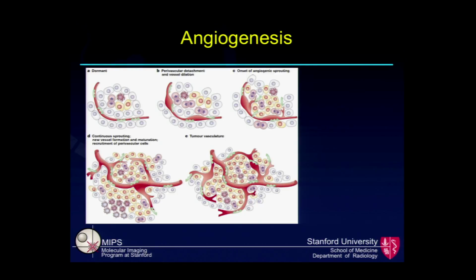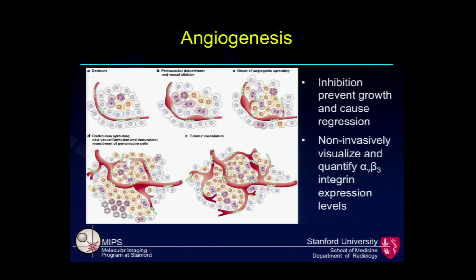So same exact idea: on one hand, it would be good to image that and be able to see where the areas of new blood vessel growth are within the body. And secondly, if you could block that with certain chemotherapy agents, then you would be able to block the cancer growth. So what we're trying to do, as you're beginning to see now, is to tie in specific imaging to specific therapy. And this is a field called theranostics, because we're able to do therapy and diagnose disease all at the same time.